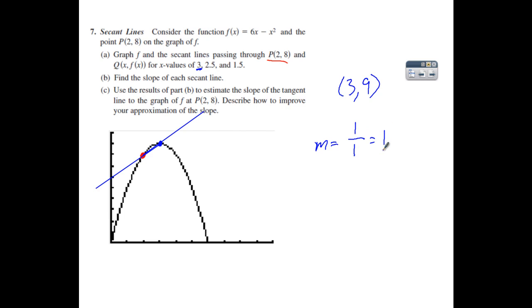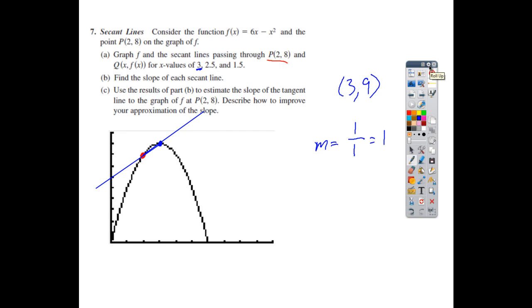Okay, so that's b. Then use the results to estimate the slope of the tangent line. Well, let's find the other two as well before we do that. The process of finding the slope is going to be exactly the same. We're just using 2.5 and 1.5. So next, I'm going to find 2.5. There's this point, and I'm still going through the red.